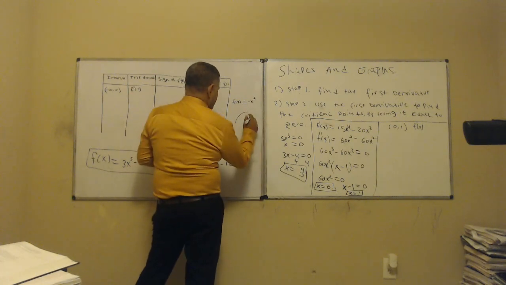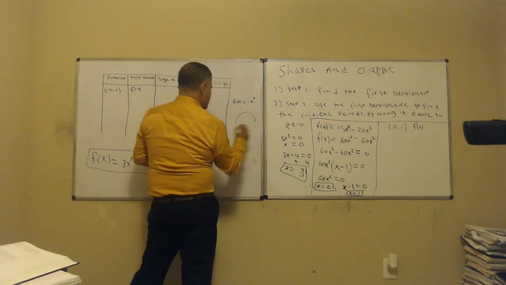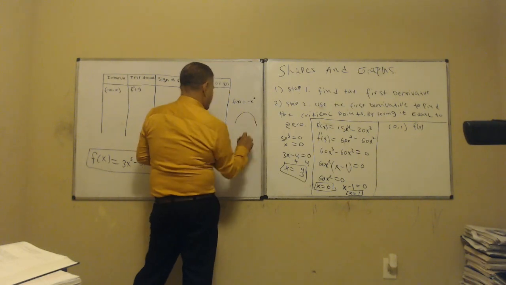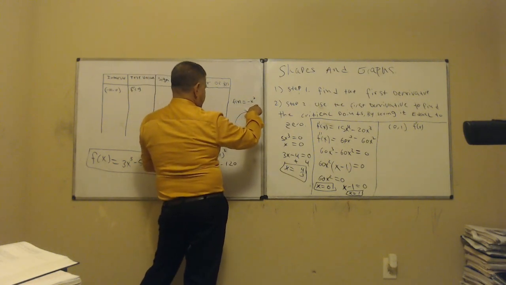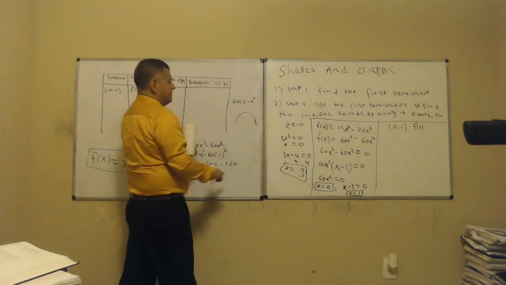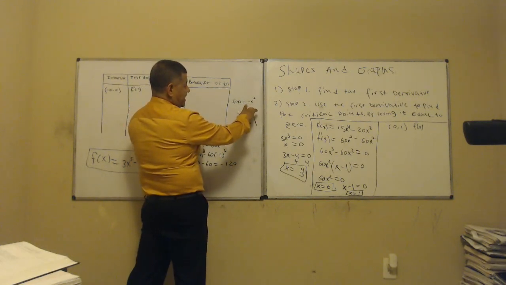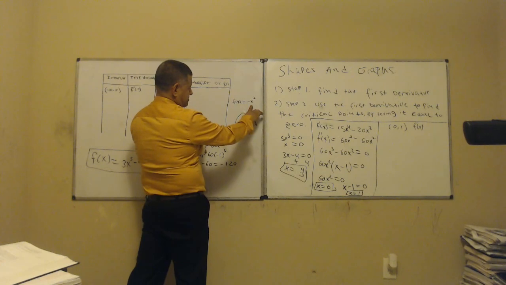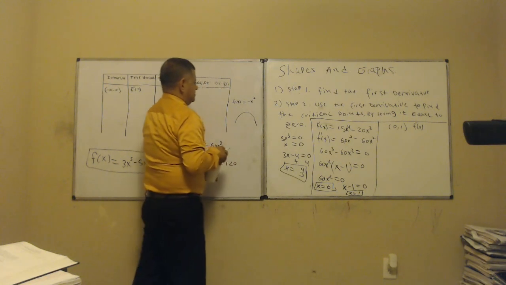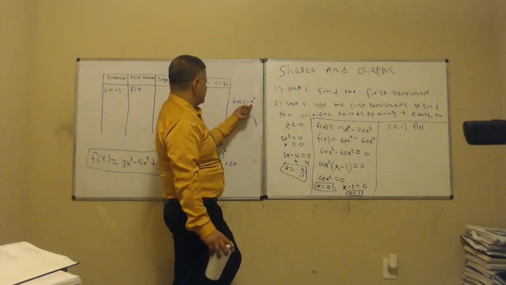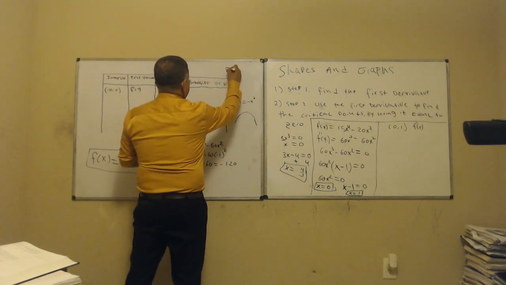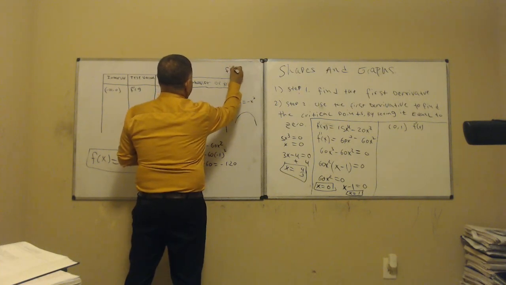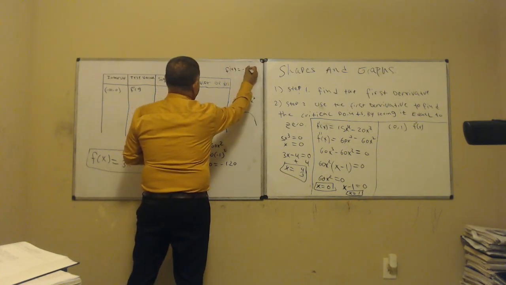Right. So now, I am holding it like this. Taking the second derivative. The first derivative of this is negative 2x. Well, the second derivative is going to be negative. Why? Because the first derivative of that guy is going to be negative 2x.